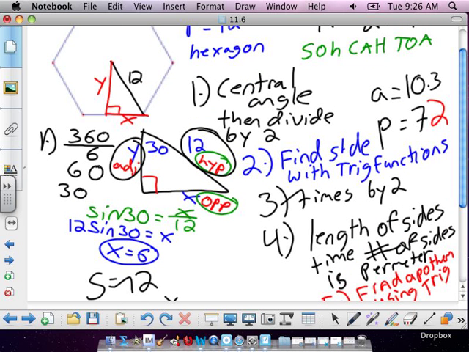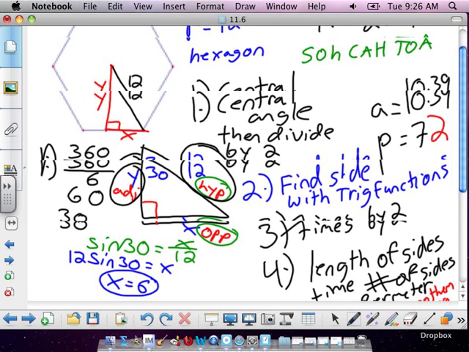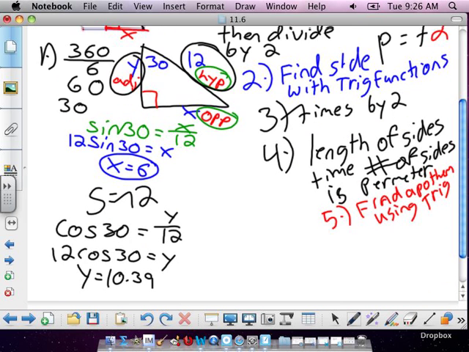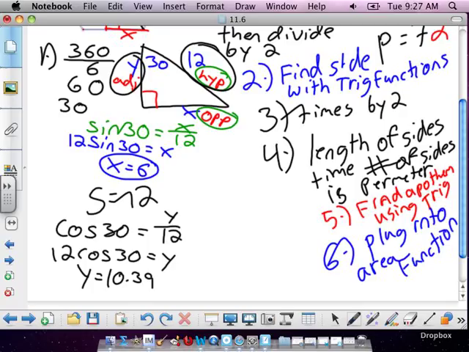Okay, so my area function. Can you scroll back down just for a moment? Yes, I can. I'm going to add step number 6: plug into area function. So I've got everything, right? I've got my apothem. I've got my perimeter. So I just times those together by 1/2.